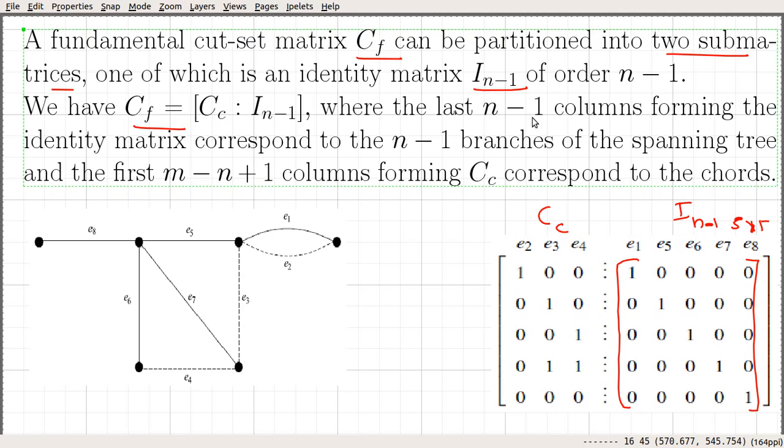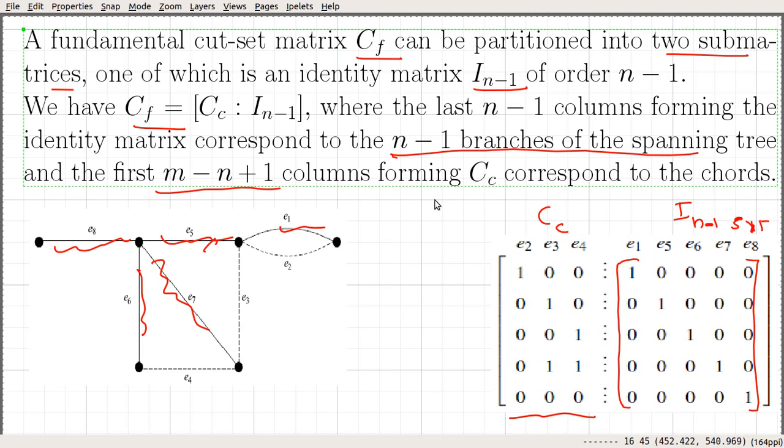The last n minus 1 columns form the identity matrix corresponding to the n minus 1 branches of the spanning tree, these edges 1, 2, 3, 4, 5, and the first m minus n plus 1 columns form C sub c. This matrix corresponds to the chords with respect to that spanning tree.